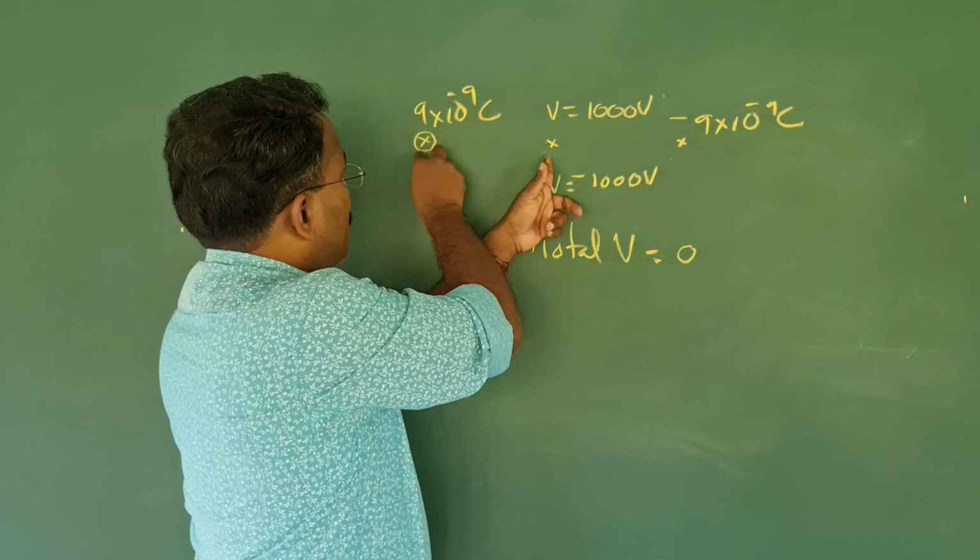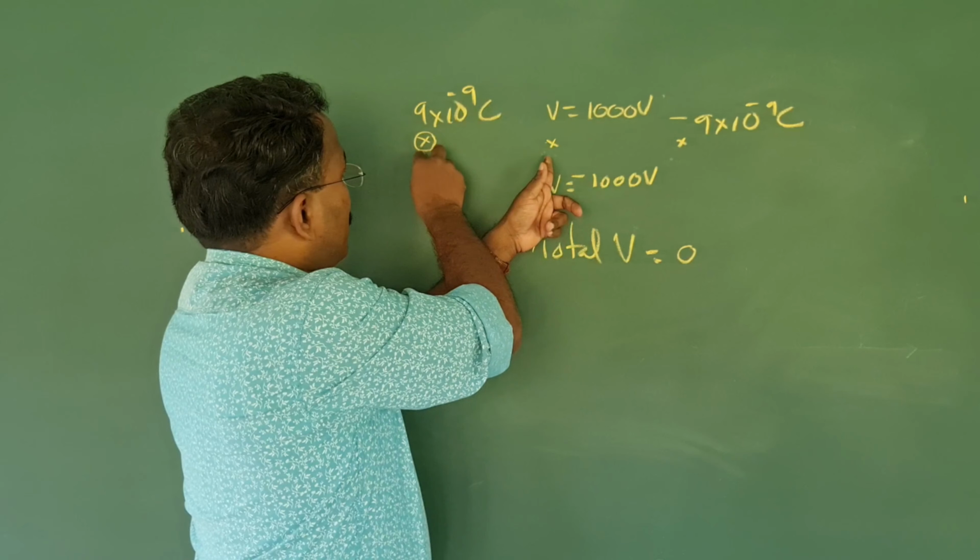And a little more. See, you are keeping a charge of 9 into 10 raised to minus 9 coulomb at the center. This is a positive charge we imagined. Instead of a positive charge, if it is a negative charge, what change will be there?